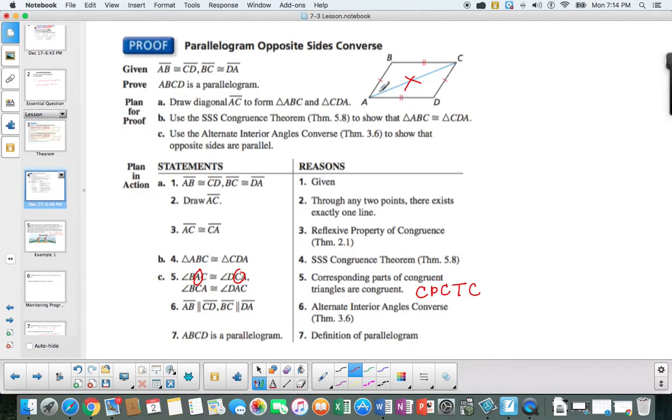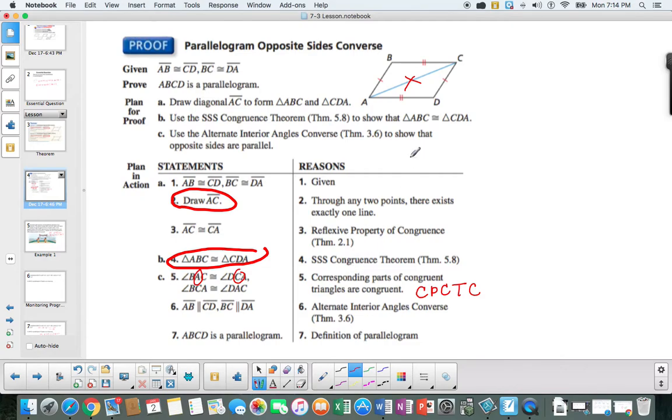In this proof, we're showing that both pairs of opposite sides are congruent. We're going to draw a diagonal, since through any 2 points there exists exactly one line, and this diagonal is going to be reflexive. We're going to be able to get the two triangles congruent by SSS.